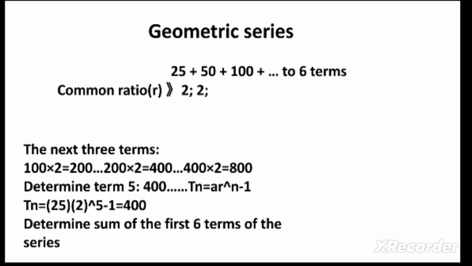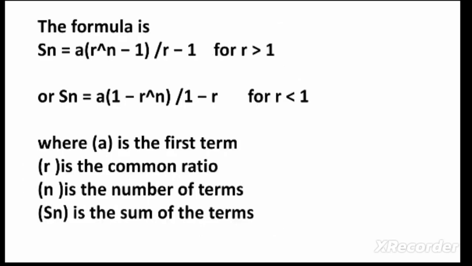Now in geometric series, they might ask you to determine the sum of the first 6 terms of the series. So the formula for finding the sum is Sn is equal to a in brackets r exponent n minus 1.